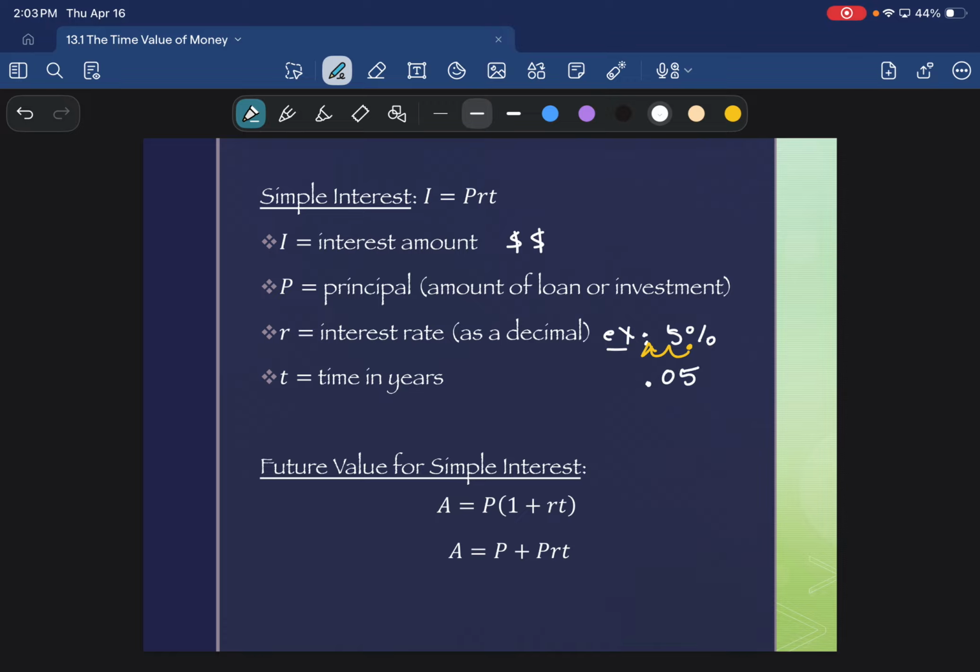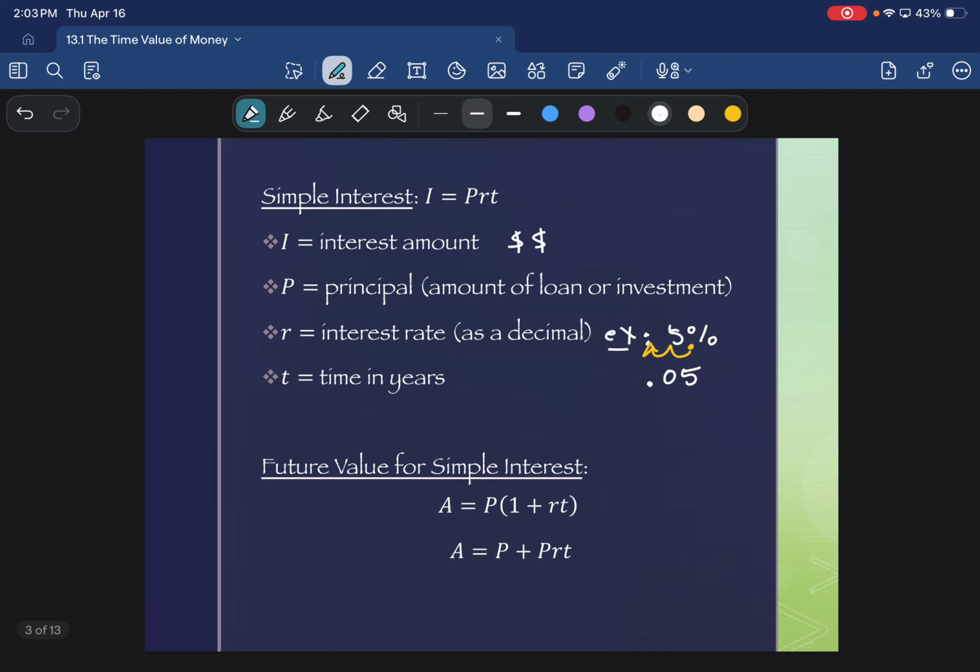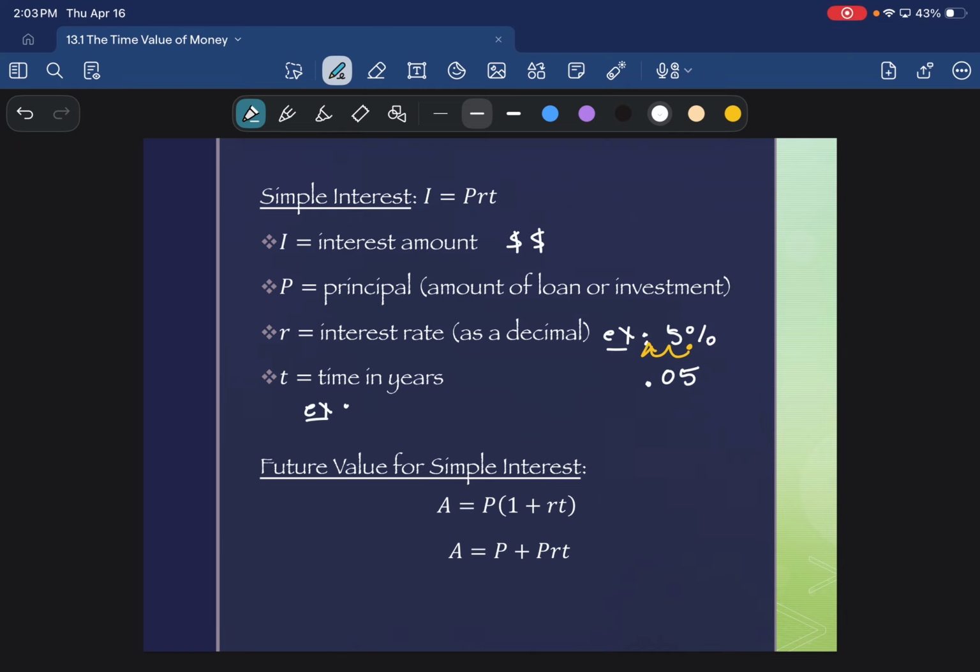So every time we're looking at putting in a value for R, we need to change it from its percent form into its decimal form. And then time is always going to be measured in years. Sometimes they just tell you the number of years, but sometimes they might tell you a number of months. For example, if they said 18 months, you would have to turn it into the corresponding number of years, which would be 1.5 years.